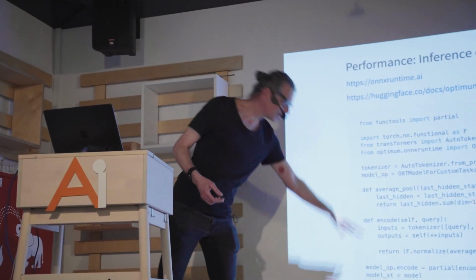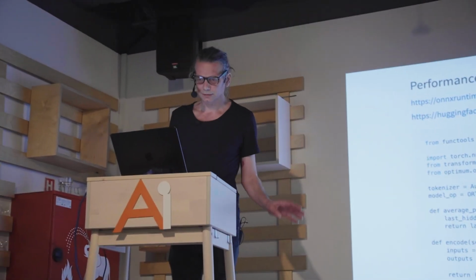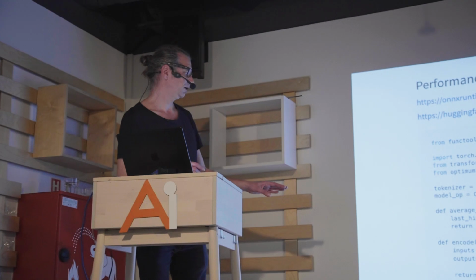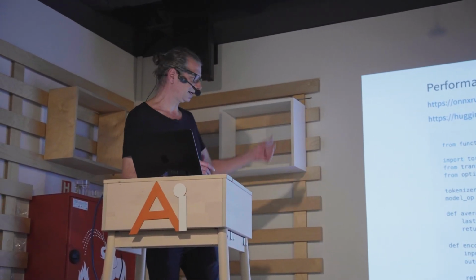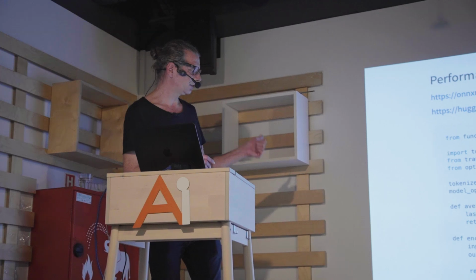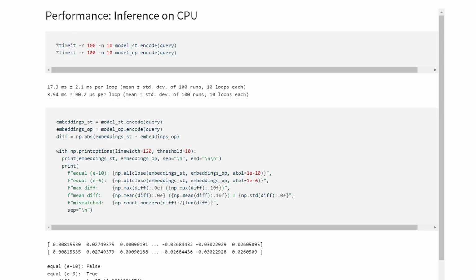It involves a little bit of acrobatics with Python, but ultimately we have a method called encode for the ST, the sentence transformer model, and the OP, the optimized model. And notice the difference. For the regular model on CPU, it's like 18 milliseconds versus 4.